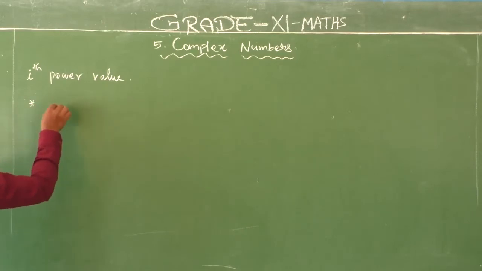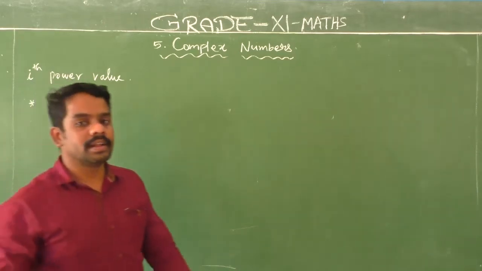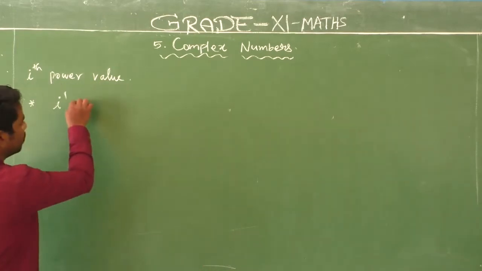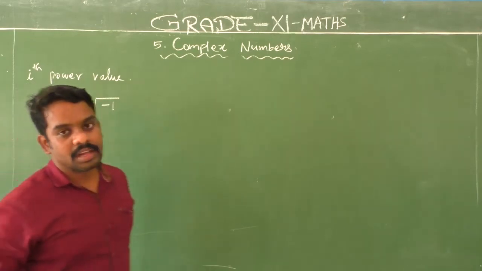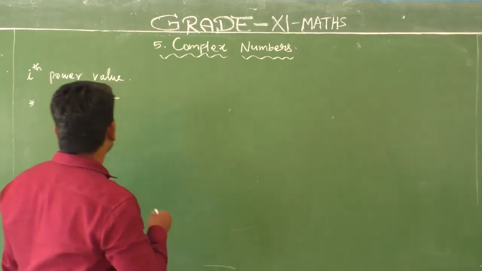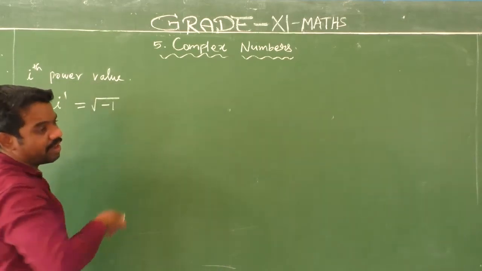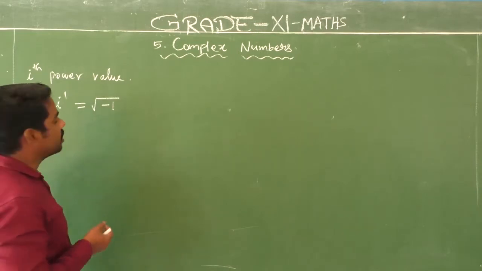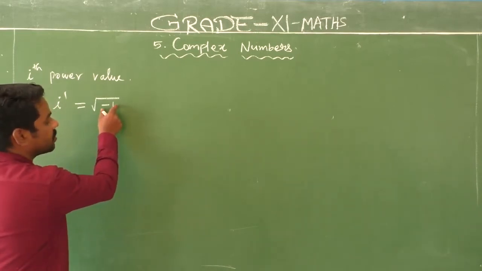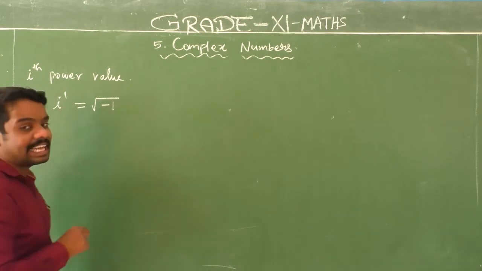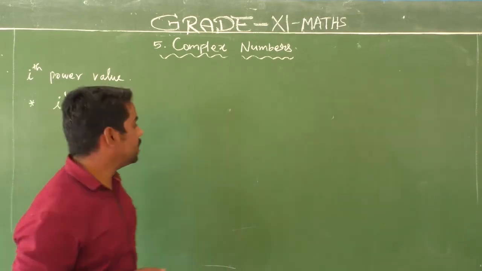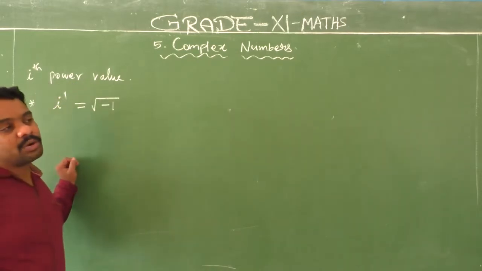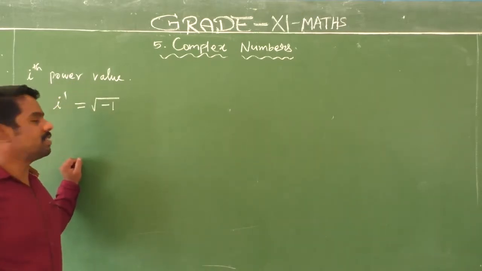First one, i power 1. i power 1 is equal to root of minus 1, the square root of a negative value. The square root of minus 1 is equal to i. i is imaginary, the first letter of imaginary, that is iota, from the Greek word.